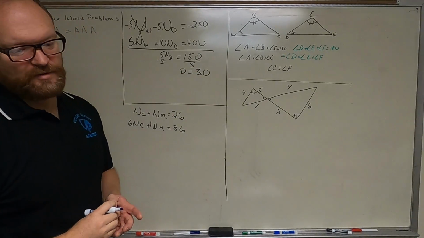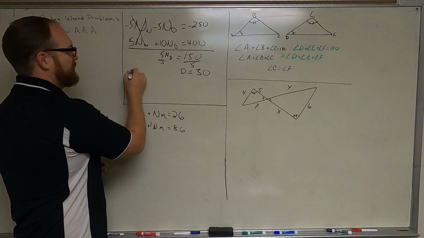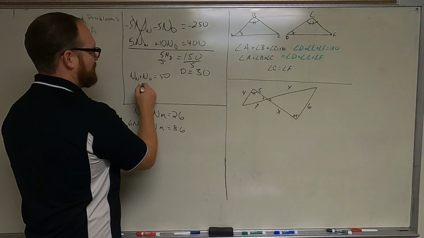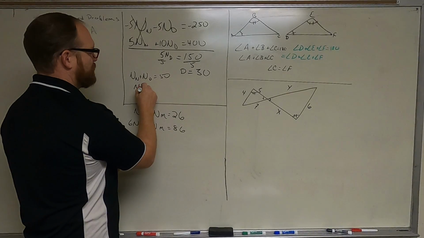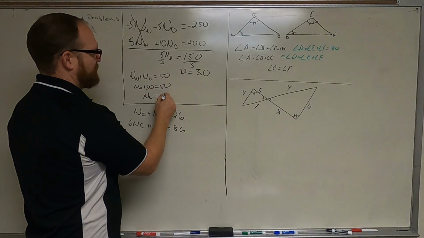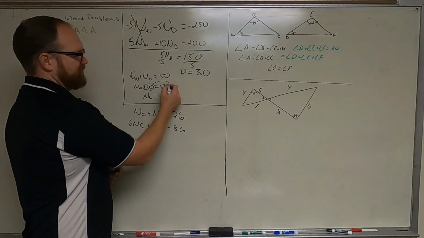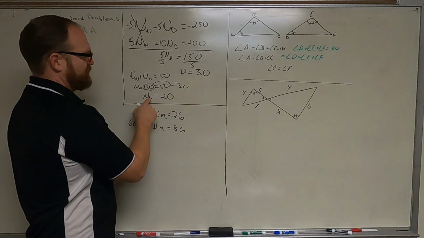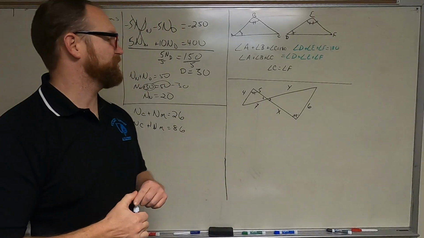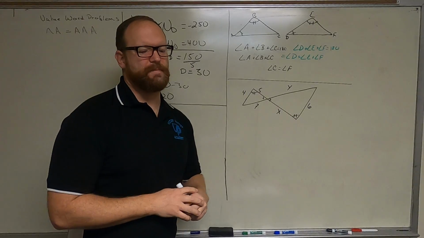And if our dimes equal 30, we can go back to one of our original equations, which said the number of nickels plus the number of dimes equaled 50. If the dimes were 30, then the number of nickels would have to be 20. We would just take this 30 over here, change sides, change signs. So number of nickels equals 20. Hopefully you caught that and understood that. Again, I like elimination a lot better than substitution. It just works better for me.